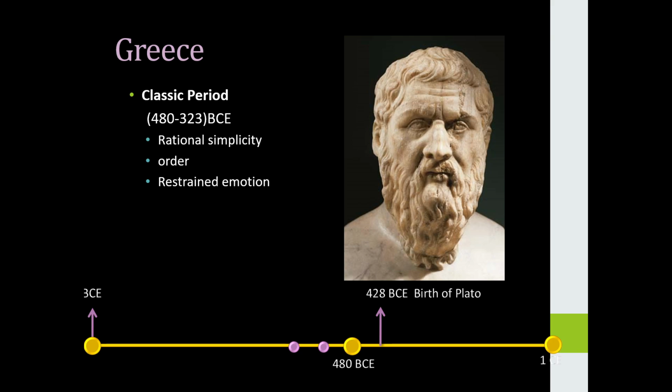So rational simplicity, meaning looking at things from the perspective of logic, from the perspective of clear understanding. Clear understanding is probably the best way to explain it, but even this kind of thought process follows culture all the way up to today.